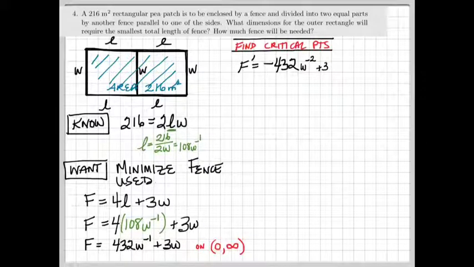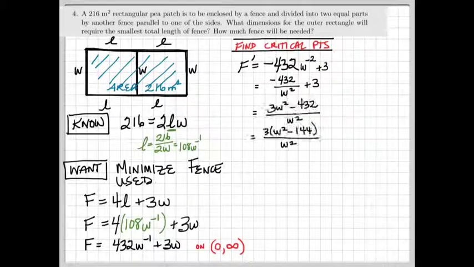We can go ahead and find the critical points by taking the first derivative. That will give us negative 432W to the negative 2 plus 3. Ideally, we like to factor, so let's start by getting rid of negative exponents. We can rewrite f prime as negative 432 divided by W squared plus 3.